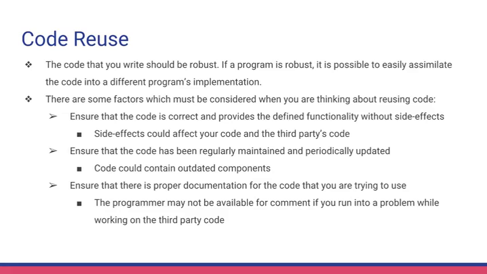Remember, code could contain outdated components. Ensure that there is proper documentation for the code that you're trying to use. The programmer may or may not be available for comment if you run into a problem while working on the third-party code. Therefore, it is essential to ensure that there is proper documentation for the code.